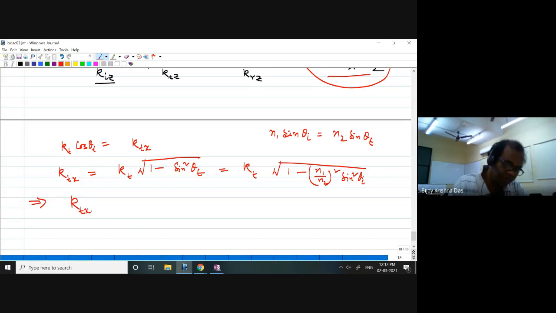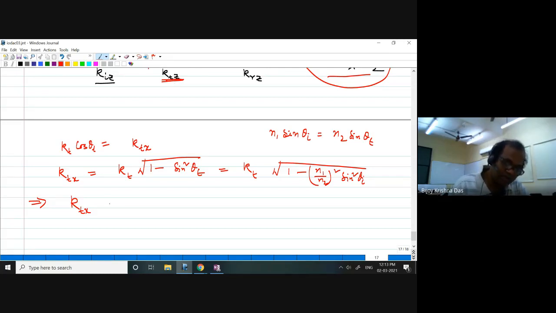So I can write eventually kt, that means I am just trying to get if there is a transmitted wave in the second medium, and in that case ktz will be present. Earlier we already mentioned that ktz will be there because tangential components are continuous. But what happens to the normal component ktx?